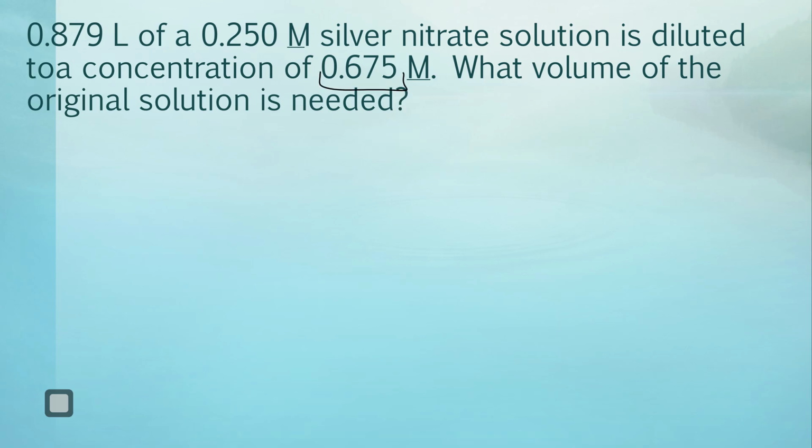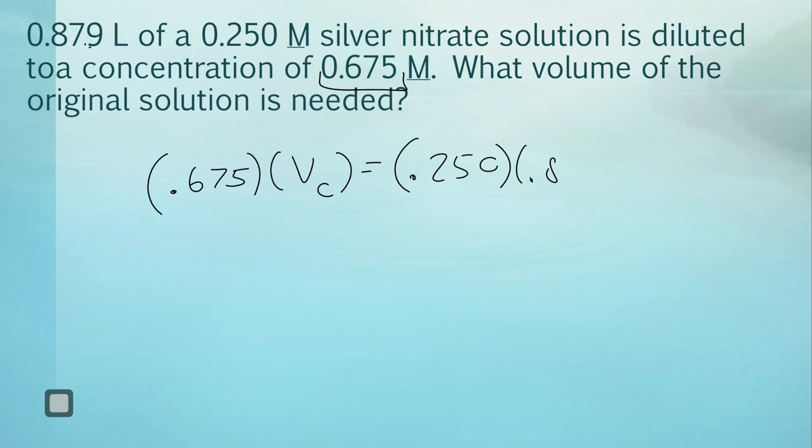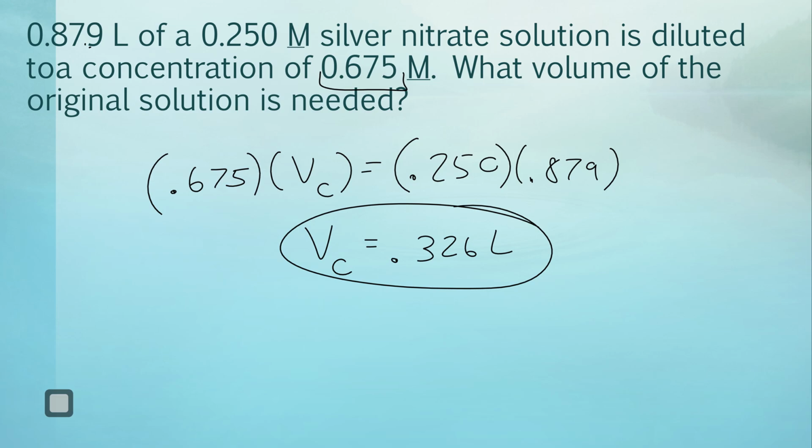This is the concentrated, so 0.675 times VC equals 0.25 times 0.879. So 0.25 times 0.879 divided by 0.675. I get a volume again, and this is in liters this time, of 0.326 liters, 3 sig figs across the board.